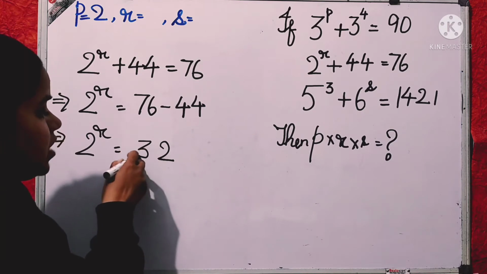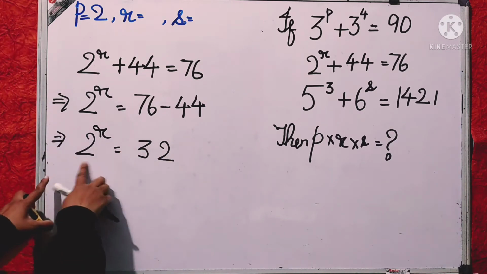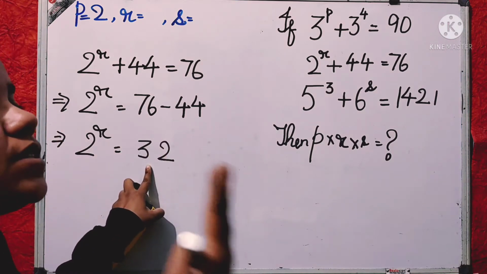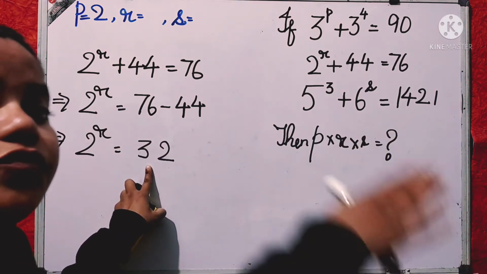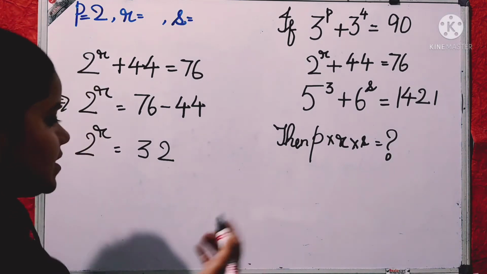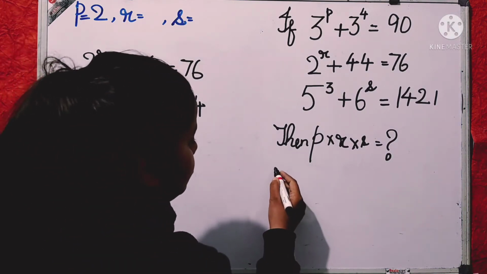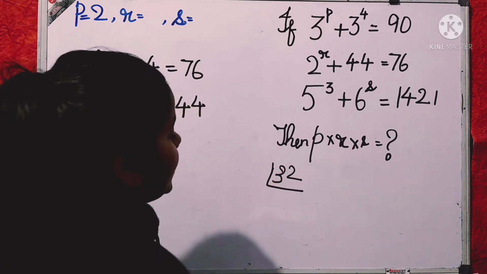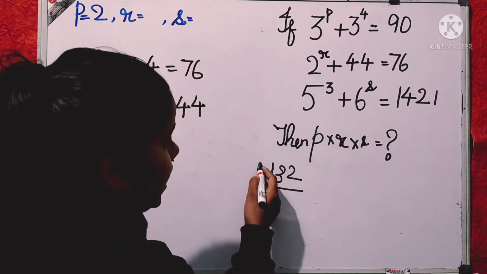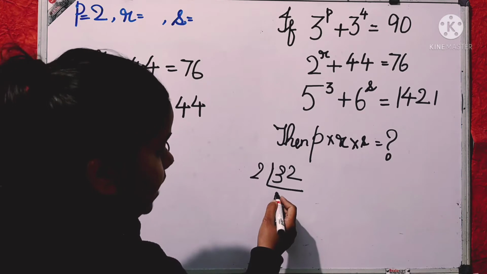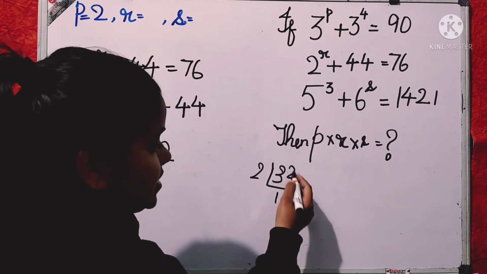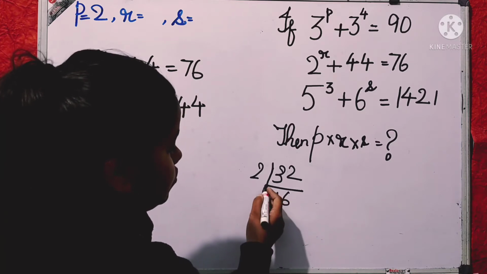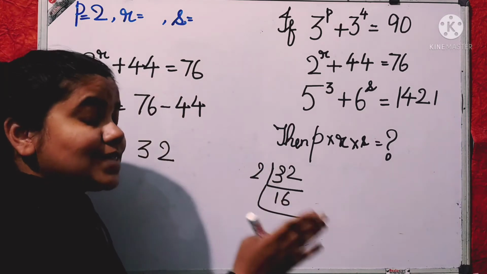Now again the same thing, the base has to be the same. How should I turn this 32 in terms of 2? So let us see. When do I get 32 in the table of 2? 2 times 6 is 12.